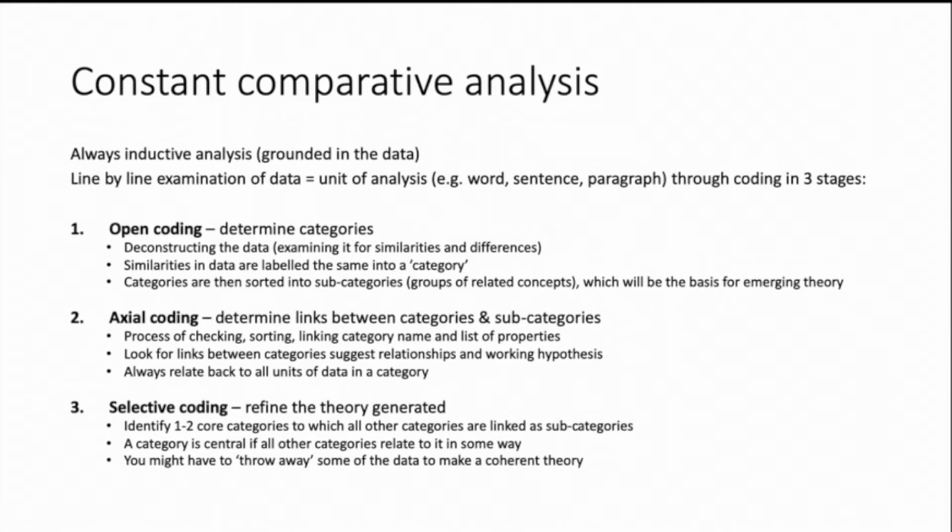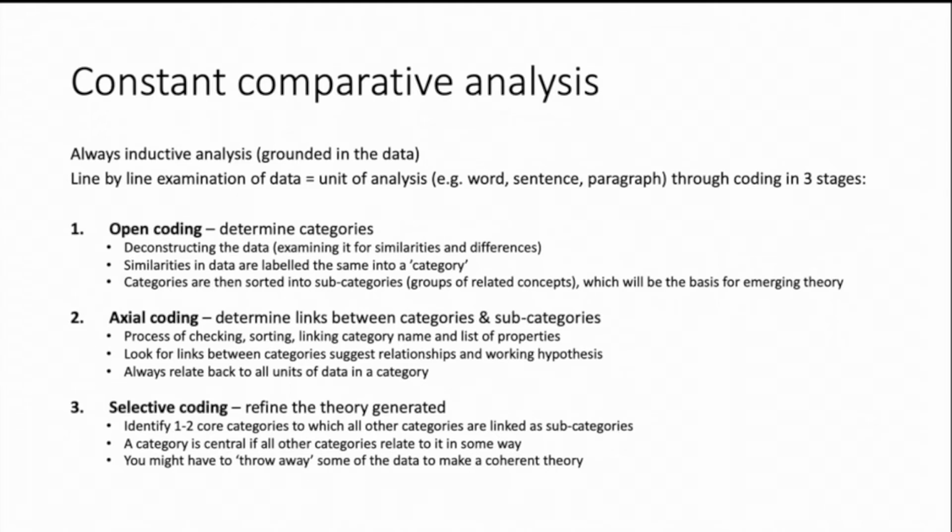However, it is an inductive way of analysing your data, so it's grounded in the data in order to develop a theory. And you start by doing line by line examination of your unit of analysis. This could be a word or a sentence or a paragraph, and you follow 3 stages.